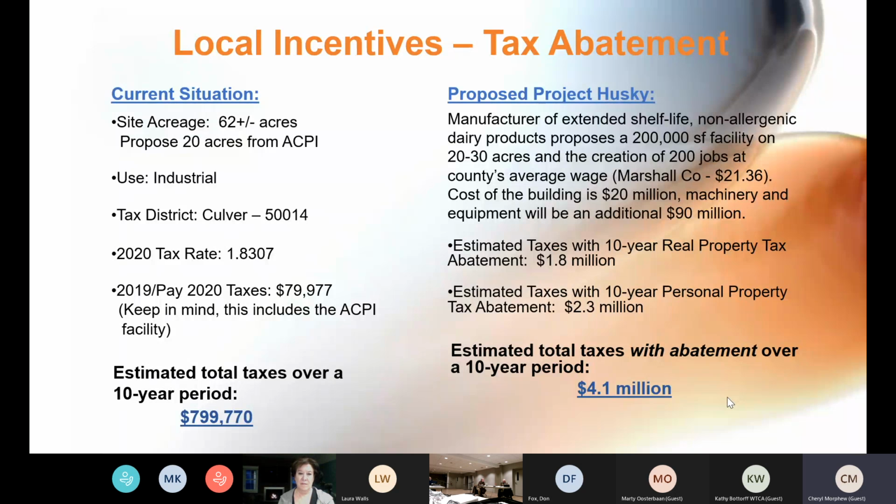And again, I took liberties here with ACPI because I was looking at an example to show you. We have no idea if they're willing to sell off part of their land, and I don't want it getting out that we're talking about them selling their land either. But it's something for you to think about as you're looking at a longer term vision for economic development for your community. And where do you lay these areas out?